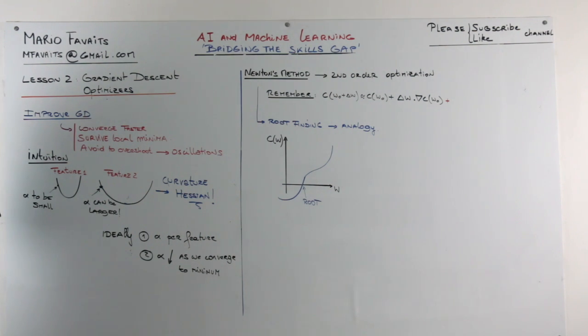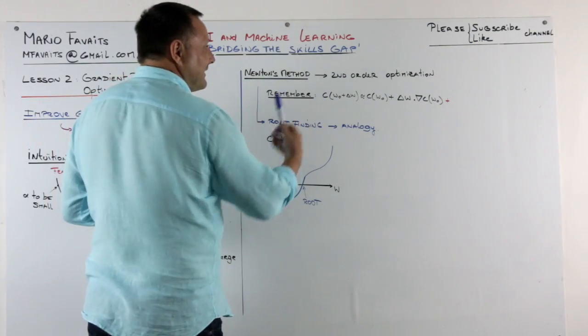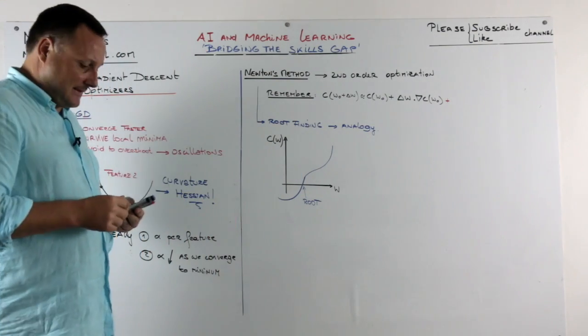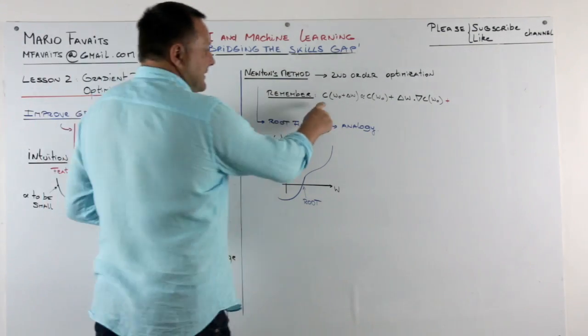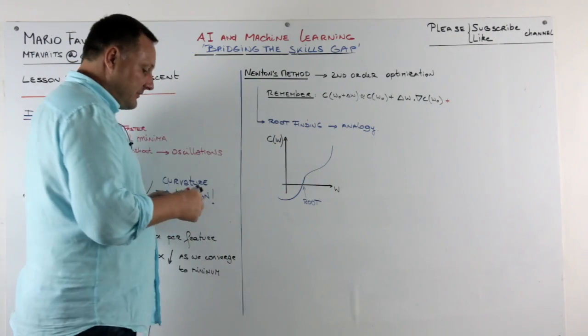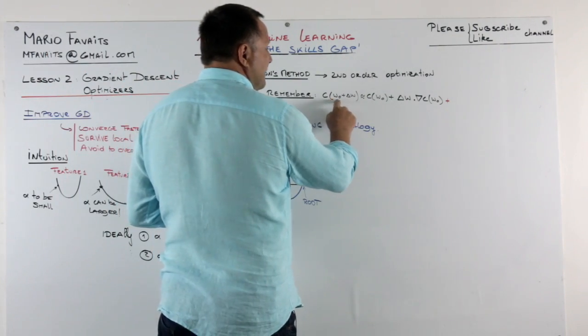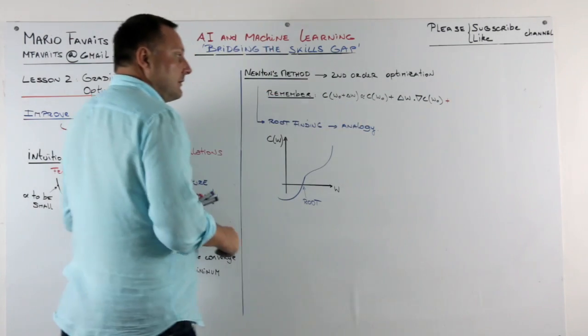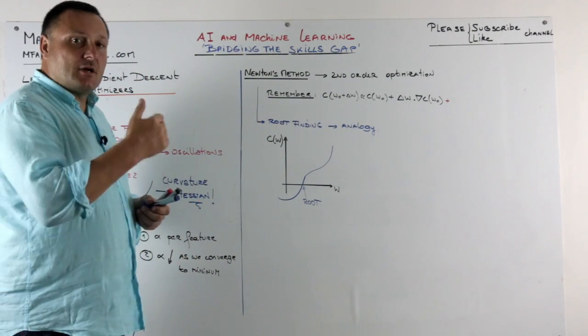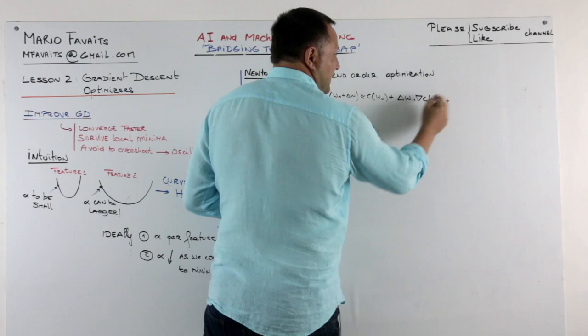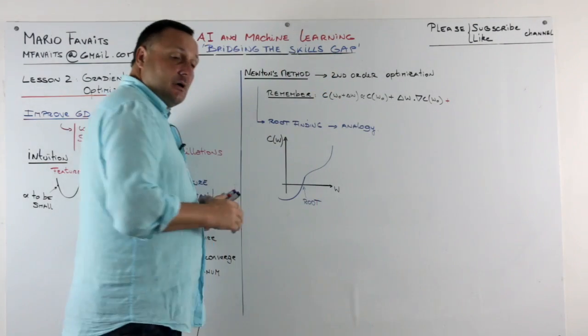Okay, let's take a look at Newton's method. Newton's method is a second order optimization. And remember, we just determined the Taylor series of C of W plus delta W, but we stopped with the first order term. We don't have to.